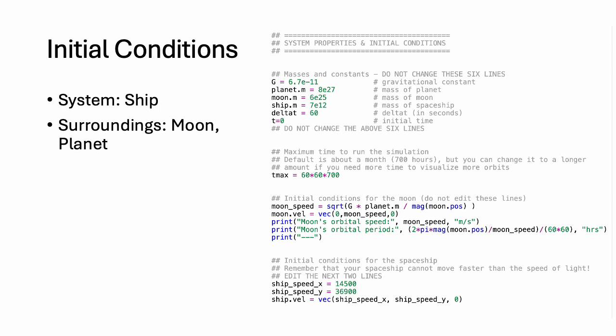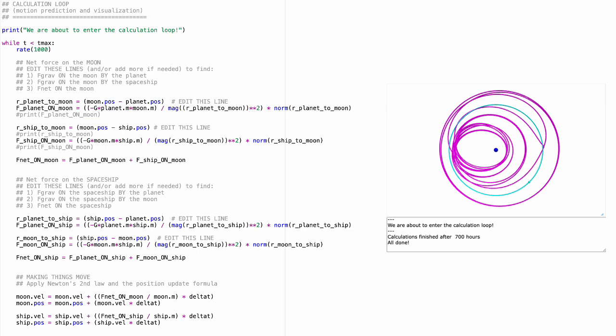So we were given the mass of the planet, moon, and ship, as well as the orbital speed of the moon, and these two lines at the bottom were the experimental velocities of the ship. To find a stable path for our ship, we first wanted to calculate the path of the moon's orbit itself. So we used universal gravitation to determine the amount of force on the moon by the planet as well as the ship.